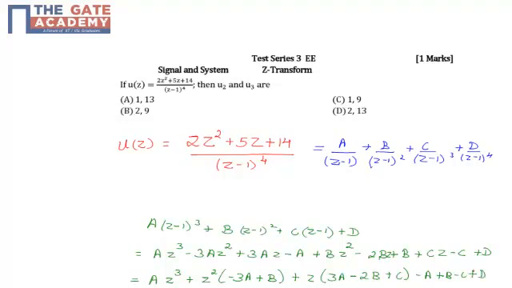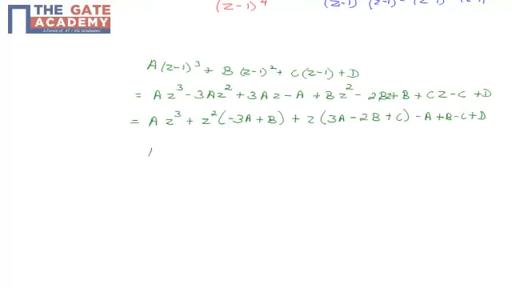Now if we compare this with the above part, since there is no cube term, a should be equal to 0. Moving further, we have minus 3a plus b to be equal to 2. Since a is 0, we get b equal to 2.